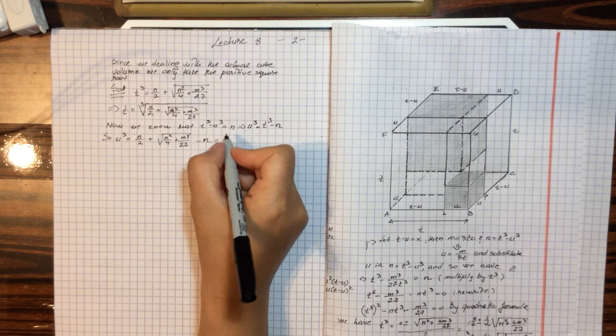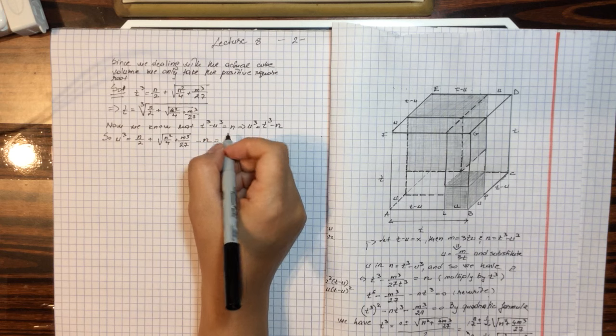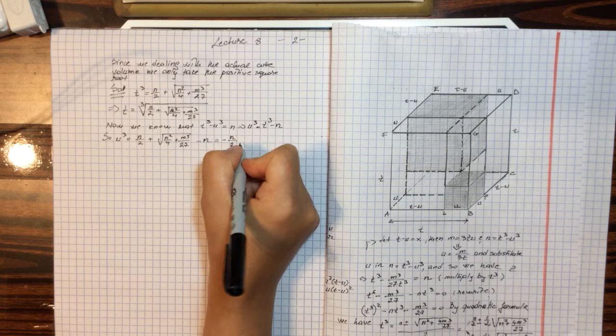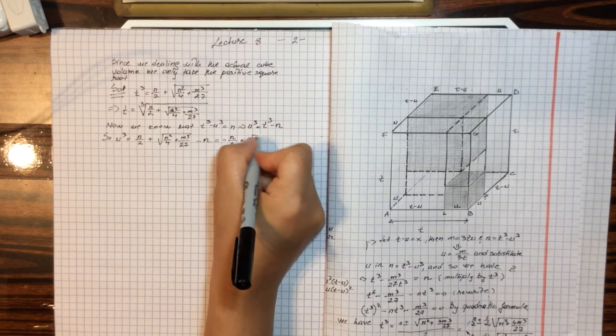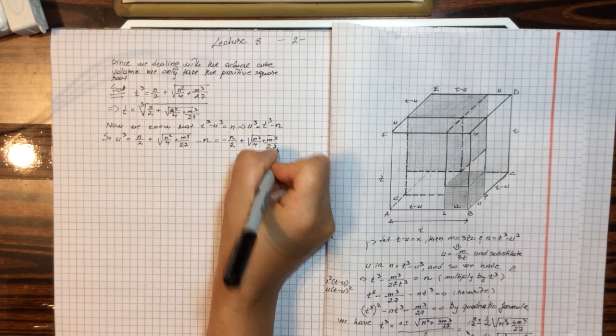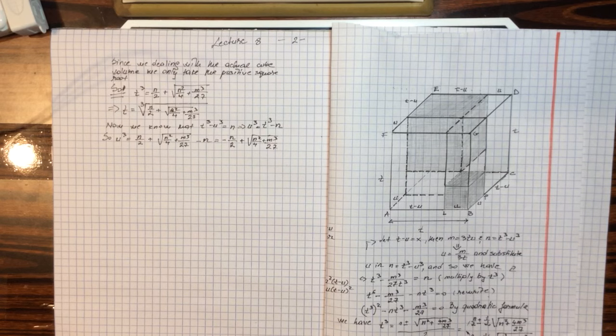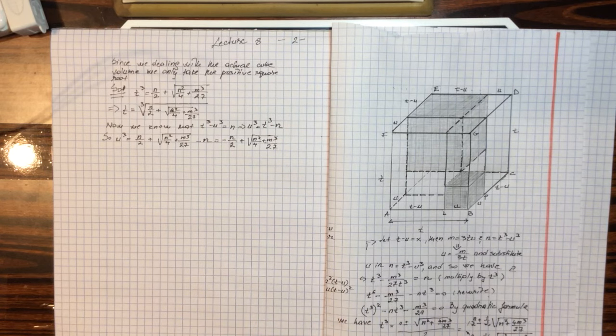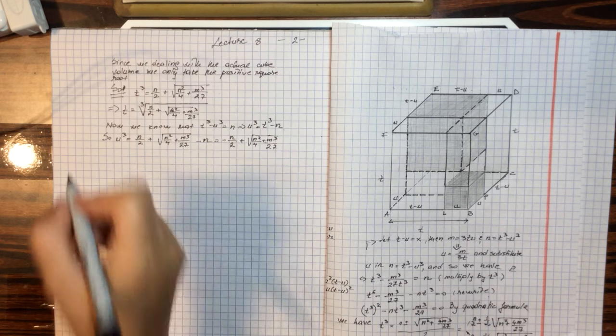Now this is equal to what? This is equal to minus n over 2 plus the square root of n squared over 4 plus m to the third over 27. So u itself would be again the cube root of this quantity.